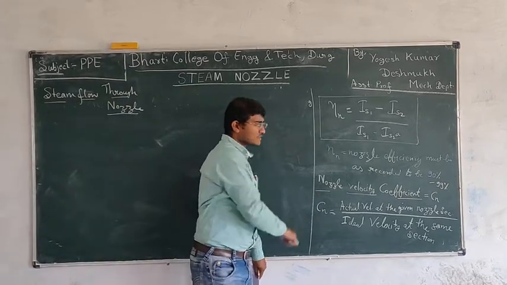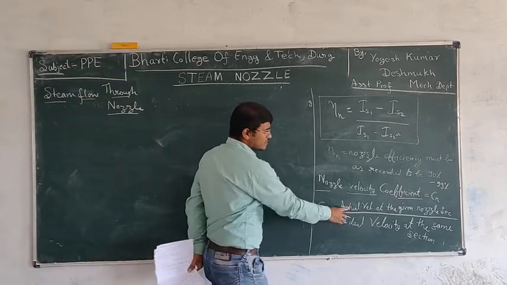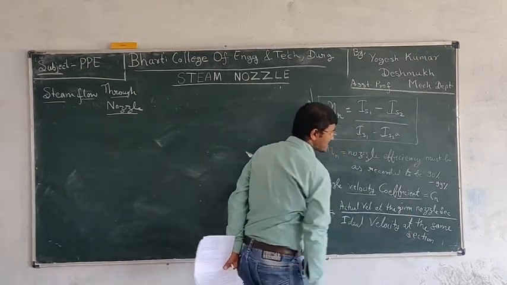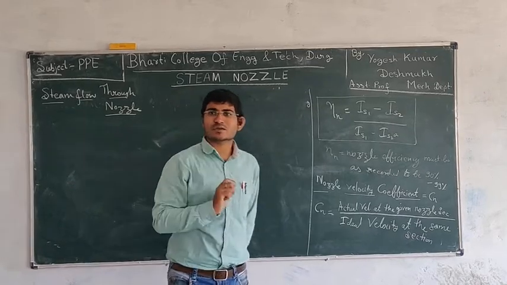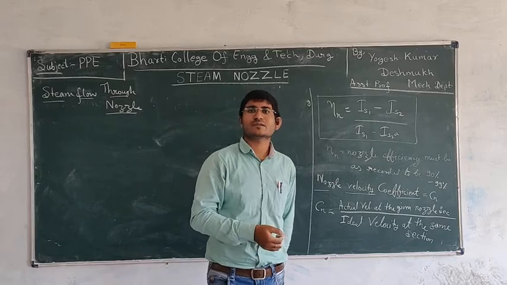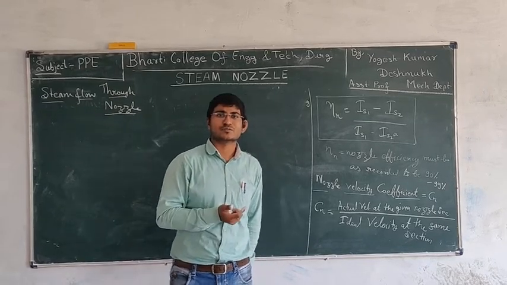The nozzle coefficient Cn is the actual velocity of the steam at a given section upon the ideal velocity, which is assumed.